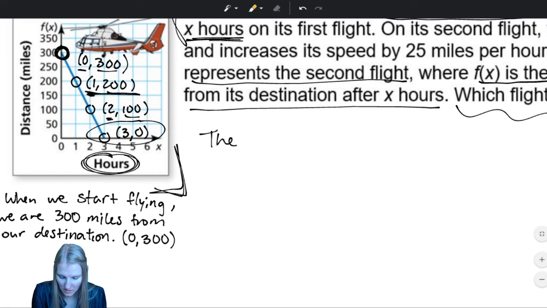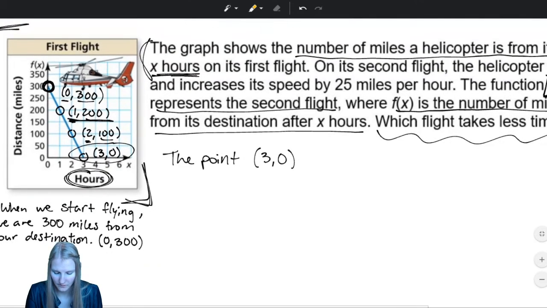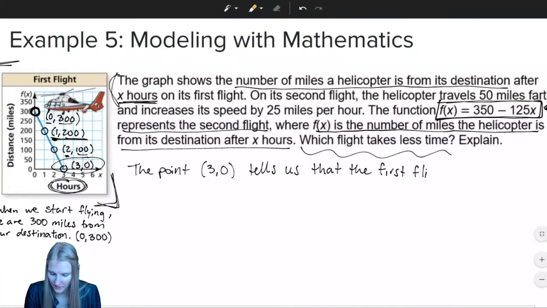So the point (3, 0) tells us that the first flight, let me zoom out again, the first flight takes 3 hours.